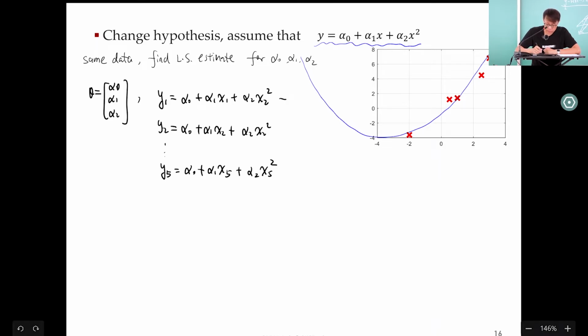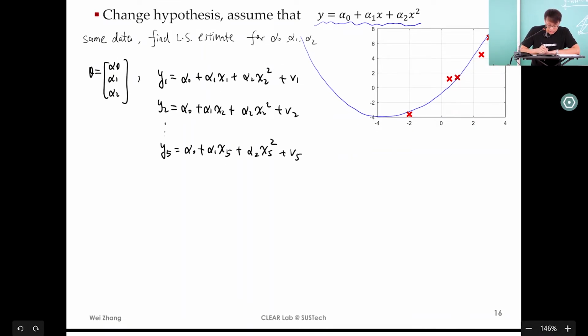Of course, in reality, they won't exactly agree. If you want to write very carefully, you have to have some noise term out there, okay? But I assume you're clear with that. So in this way, I can argue my measurement equation is y1, y2, through y5, that's my y vector.